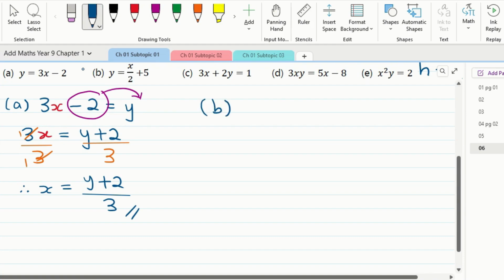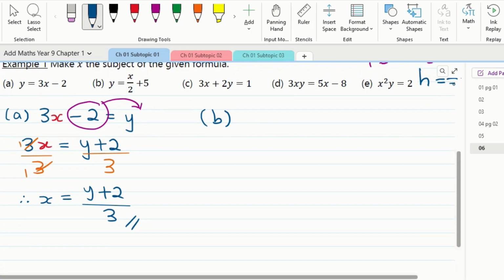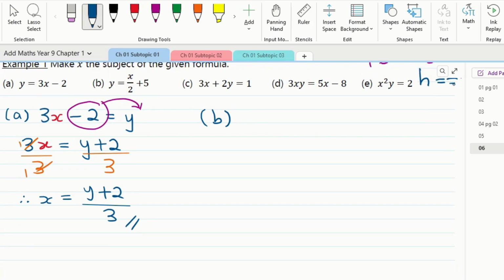Moving on, same thing here. Because x is on the right-hand side, you will move it to the left-hand side together with all of the terms, x over 2 plus 5, and then you move y to the right-hand side. Now, what do you do first?